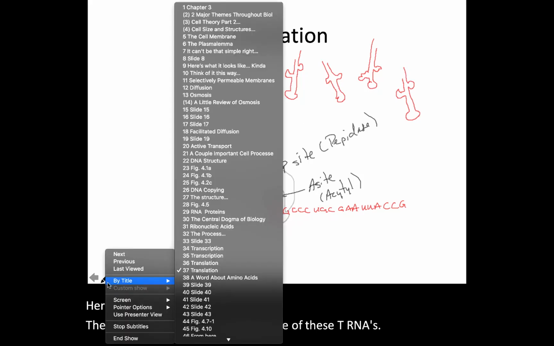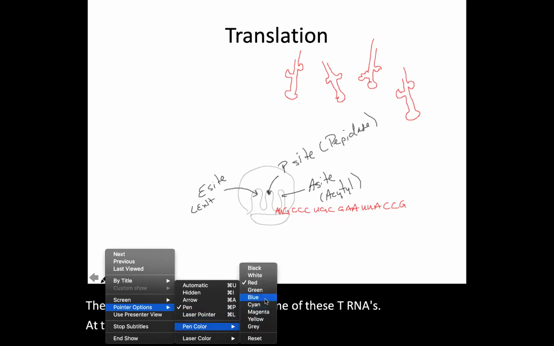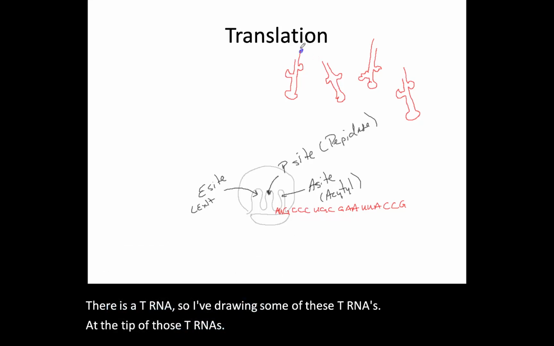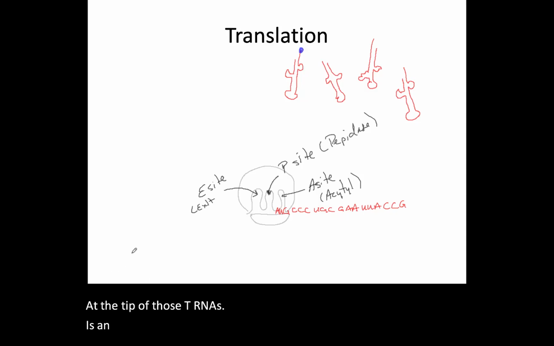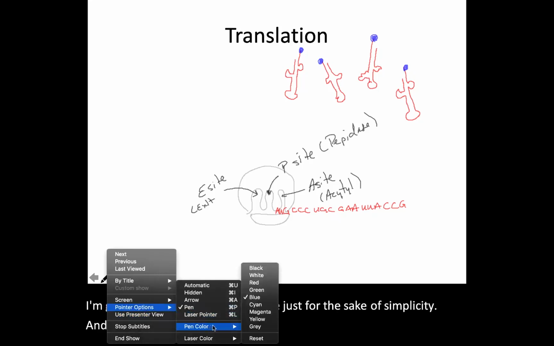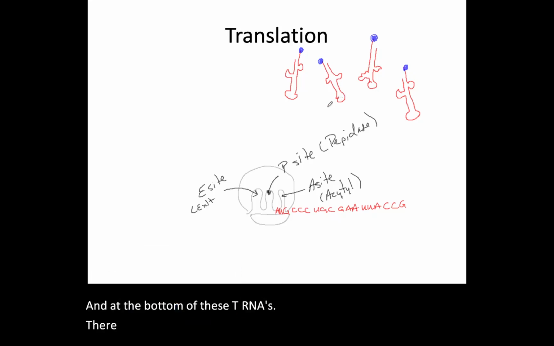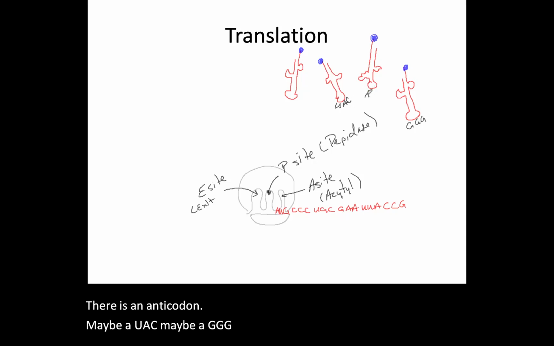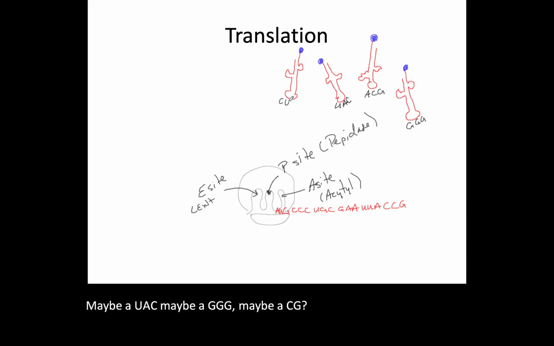At the tip of each of those tRNAs is an amino acid. I'm going to make all my amino acids blue just for simplicity. And at the bottom of each of these tRNAs, there is an anticodon. Maybe a UAC, maybe a GGG, maybe an ACG, maybe a CUU.